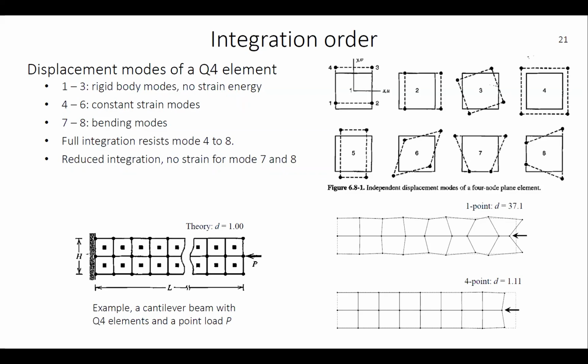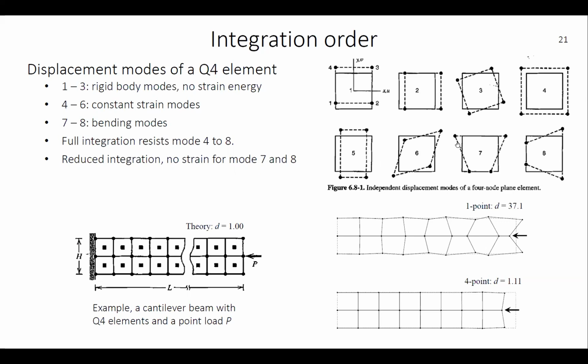And then modes number 4 to 6 are constant strain modes, either expansion or deformation in a symmetric sense like so. And then we have modes number 7 and 8, which are bending modes. So we induce bending in the elements.